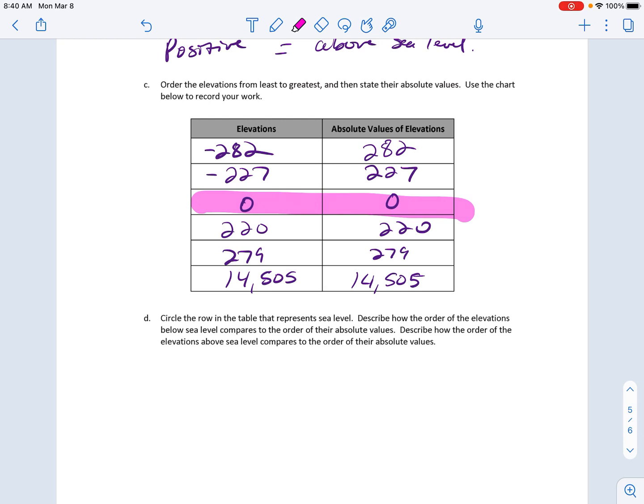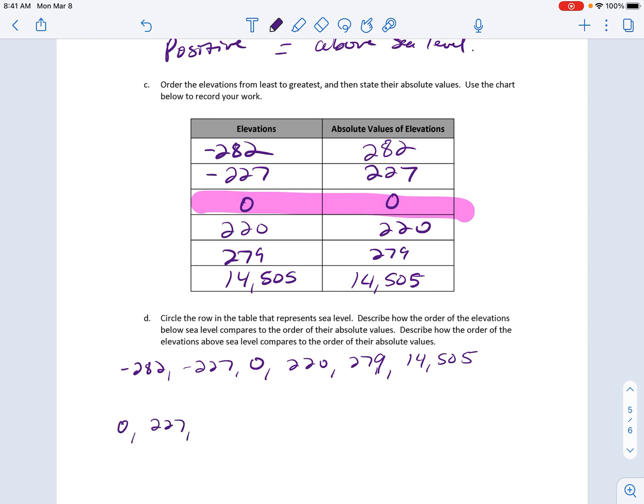So let's do the elevations. Okay. So without sea level. So we have negative 282. Okay. Negative 227. 0, 220, 279. And then 14,505. Okay, and then now let's do absolute value.